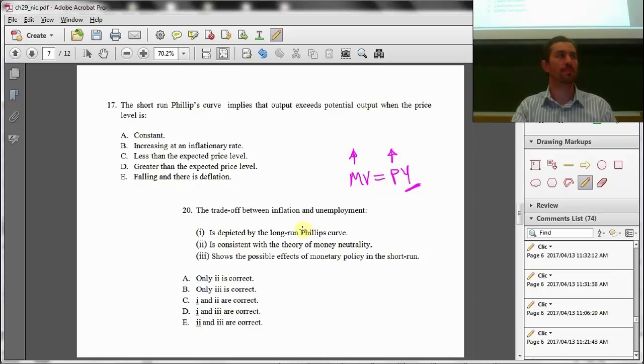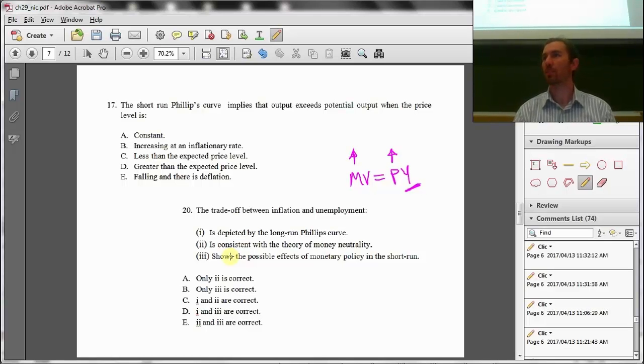Okay? What about option 3? Shows the possible effects of monetary policy in the short run. Did I hear someone muttering yes over there? Yeah? Okay. So option number 3, is that a potential contender? Are you happy that that is indeed what it shows? If we change the money supply, I mean, we have any kind of monetary policy intervention, we shift aggregate demand.